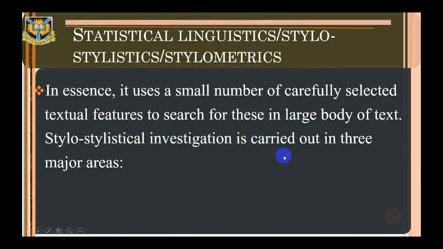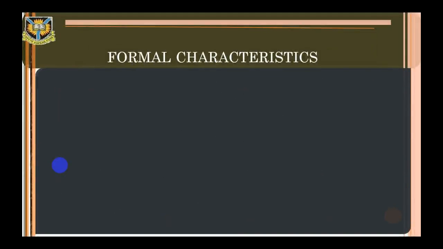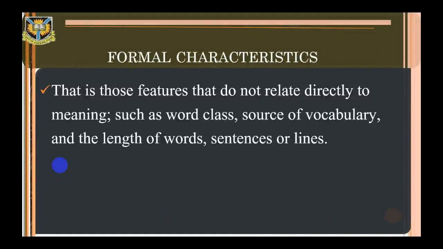Stylistic investigation is carried out in three major areas. Formal characteristics. These are those features that do not relate directly to meaning, such as word class, source of vocabulary, and the length of words, sentences, or lines.